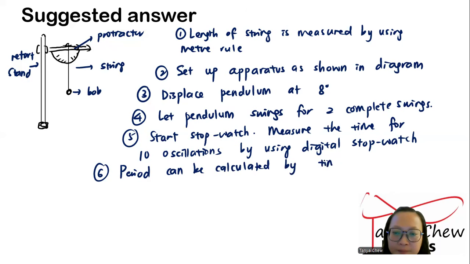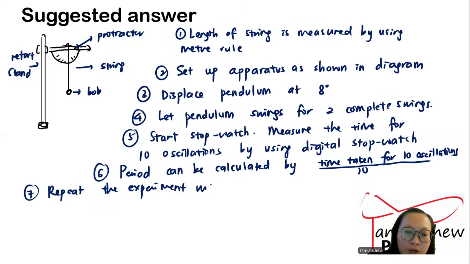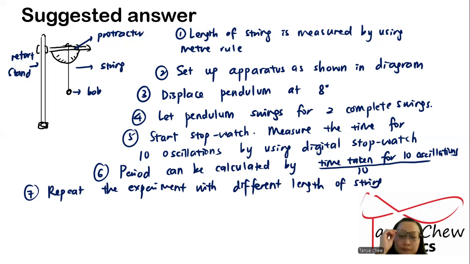By time taken for 10 oscillations per 10. Right? And then number 7, repeat. Last part is always repetition. Repeat the experiment with different lengths of string.